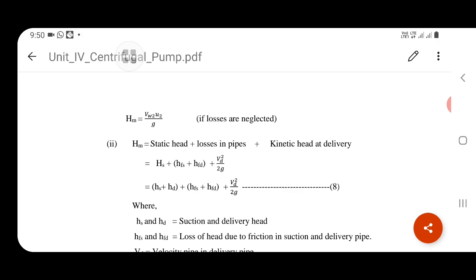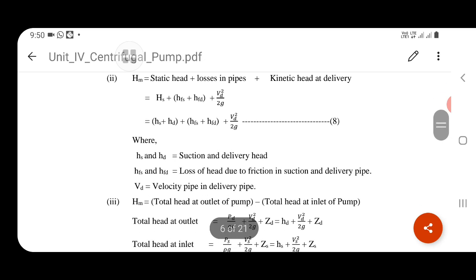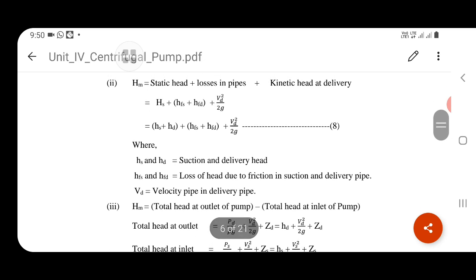HS equals HFS plus HFD, head lost in suction and head lost in delivery pipes.